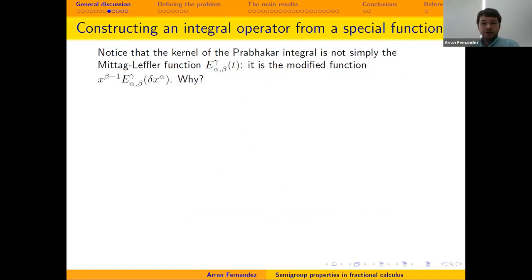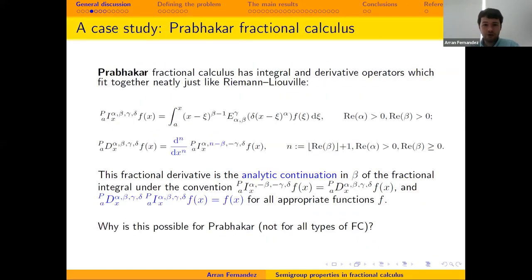Okay. Before we set up the main problem of the talk, I want to discuss one more topic, which is about how we choose the kernel function. Because if we go back to the Prabhakar integral, which is defined here, we use the 3-parameter Mittag-Leffler function, E alpha beta gamma. But this operator is not just a convolution of f with E alpha beta gamma.